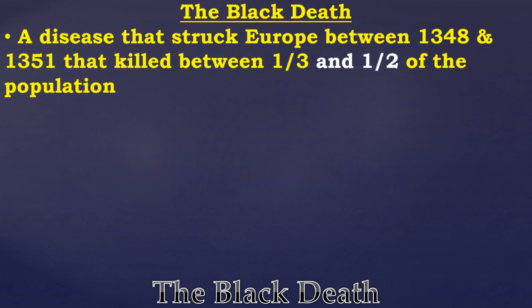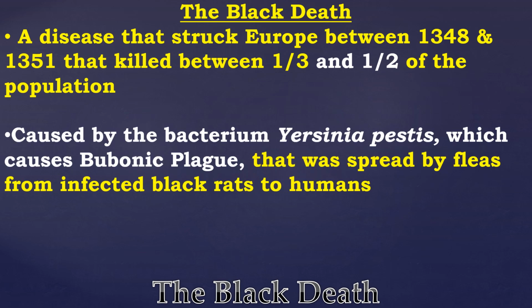The disease is caused by the bacterium Yersinia pestis, which causes bubonic plague, when spread by fleas from infected black rats to humans. So the bacterium that causes the disease is Yersinia pestis, and the vector that spreads it from one organism to another is fleas, from rats to humans.